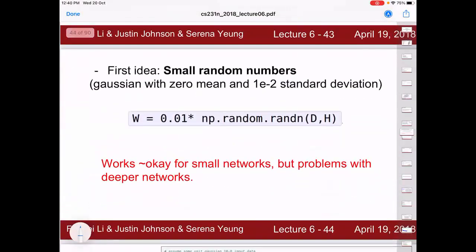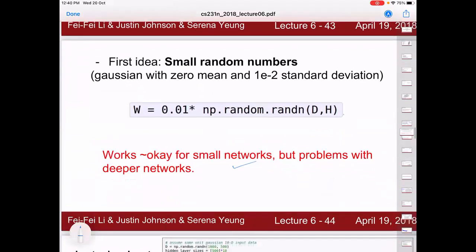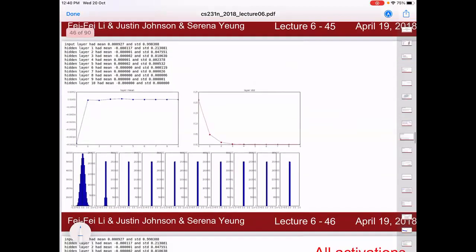Okay, but as I discussed, it's fine for small networks. For deeper networks, as we just discussed, if we see the weight distribution, this is the histogram of weights. Say if we have at each layer 100 weights connecting them, here say another 100 weights, here another 100 weights.